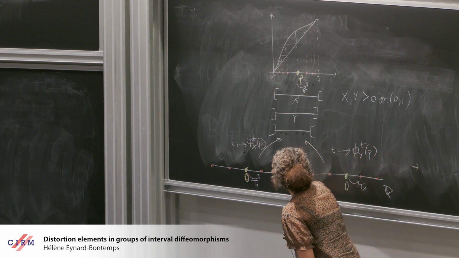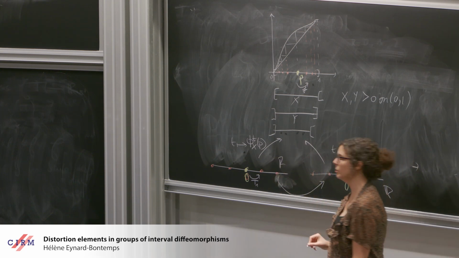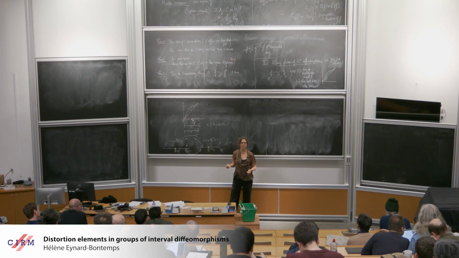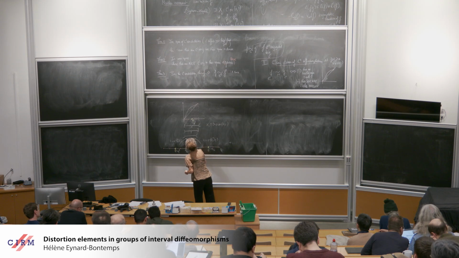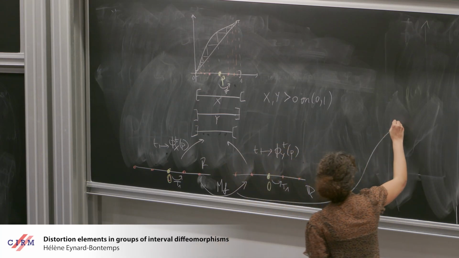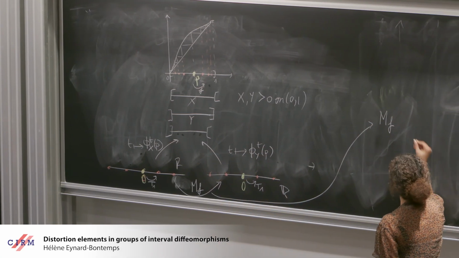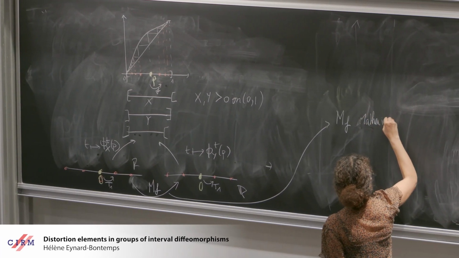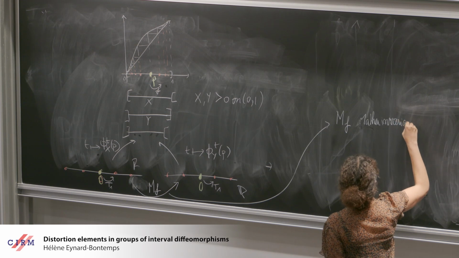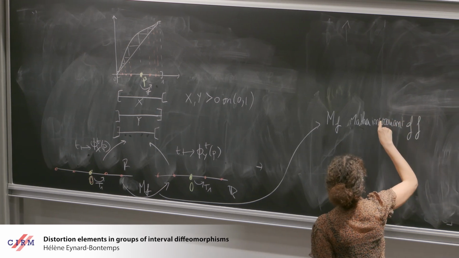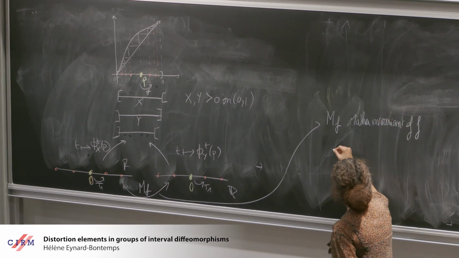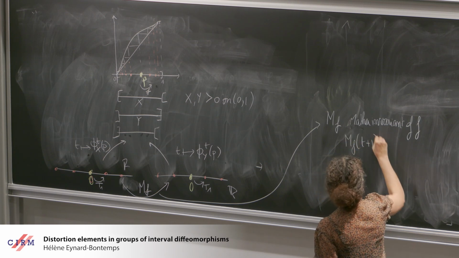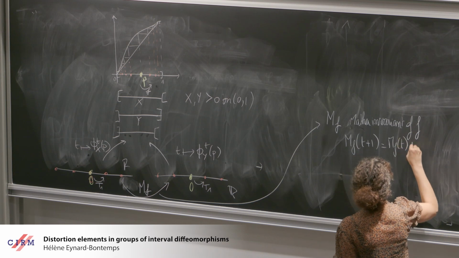If I look at the transition map between the two, from R to R, it conjugates the unit translation to itself, so it commutes with the unit translation, and this transition map is called the matter invariant of F. So it commutes: m_f(t+1) = m_f(t)+1.